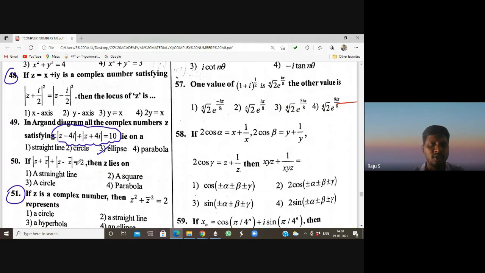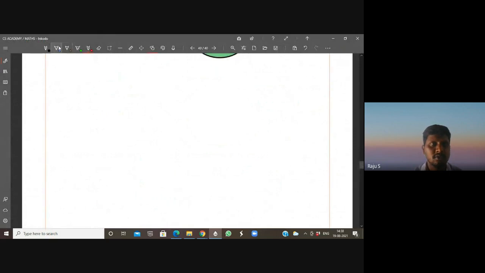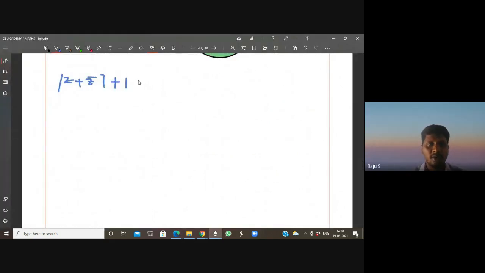Okay, let us do this. Here, z is equal to x plus iota y, and this is z conjugate. They have given z plus z conjugate plus z minus z conjugate. If we simplify, the imaginary part cancels in the first part and the real part cancels in the second part.